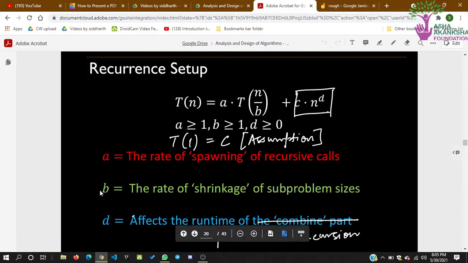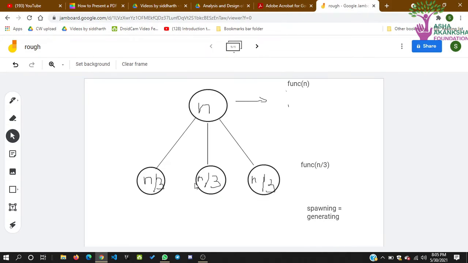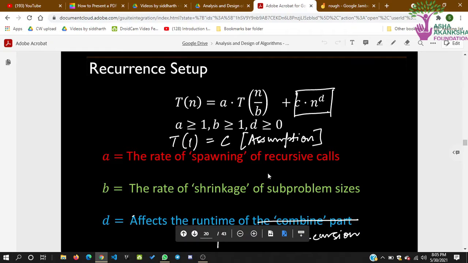So the value of b is 3. It is the factor by which the main problem size reduces in the further recursive calls down the tree. In this case, you see that n becomes n/3, and hence we take b equal to 3, because b comes in the denominator here.